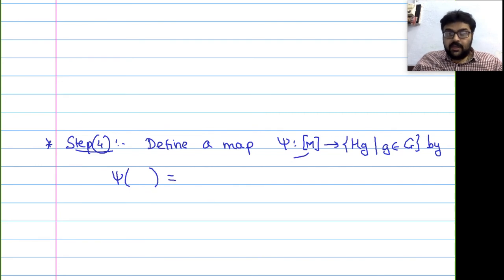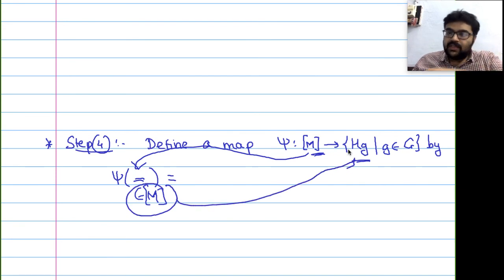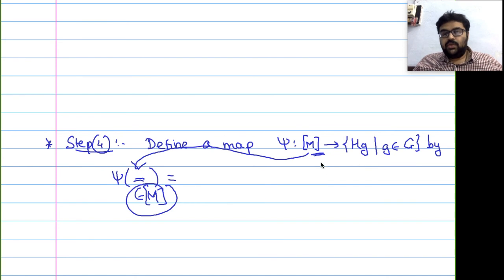We want some element here, and then we want to define a right coset of H in G. How to define a right coset of H? I need some element g in G. Where will that come from? So that should come from here only, right? Here is some element of the equivalence class. I should get such an element which gives me g. As soon as I get g, I will form the right coset Hg. So how will we get g?